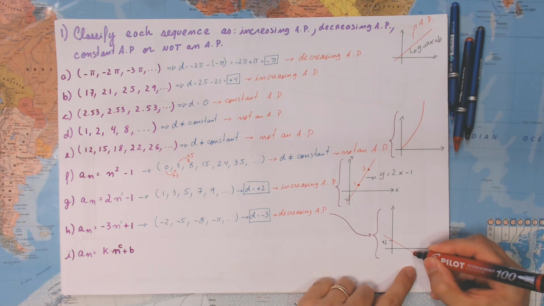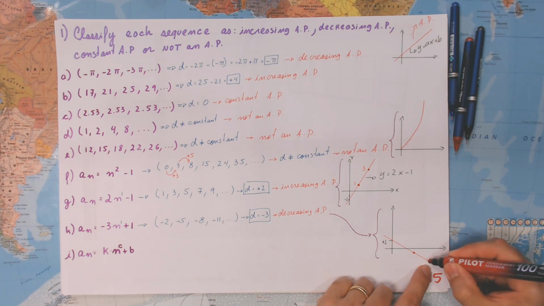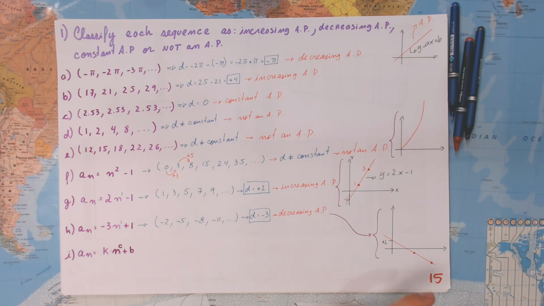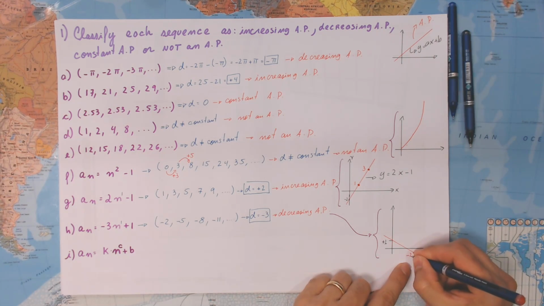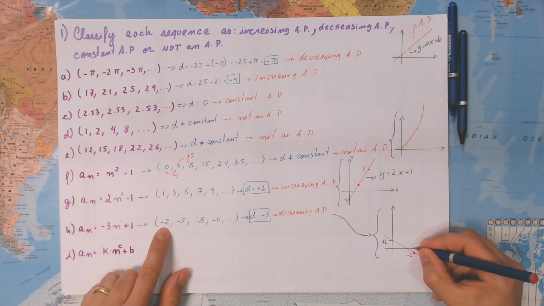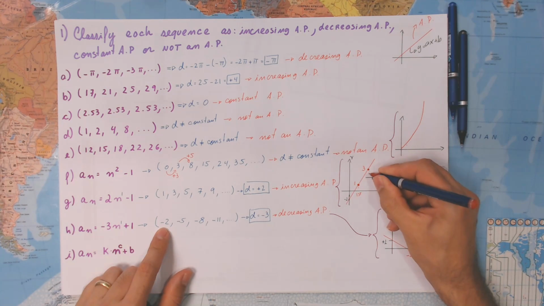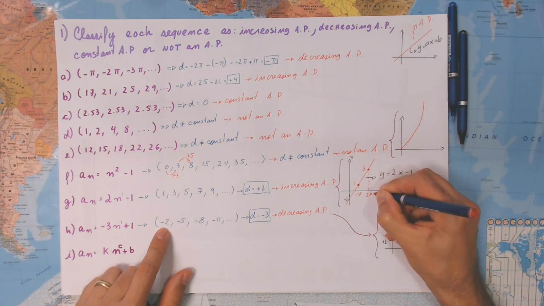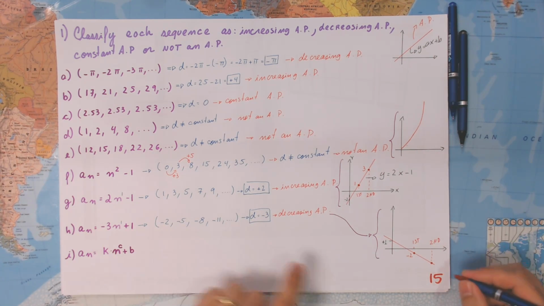Let's suppose this is minus 2. This is the first term. Then it's going to be negative 5, okay, and then negative 8, and so on. So this would be our negative 2, the first term. This should be the first term, again, the first. This should be our second term, and this should be also our second term, and this is minus 5, and so on.